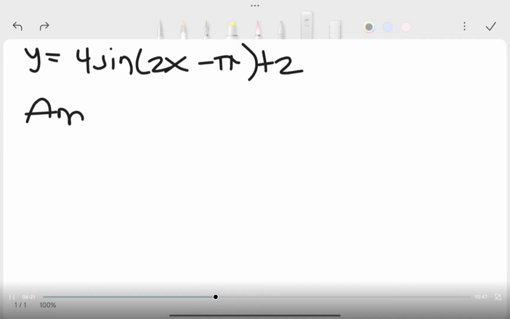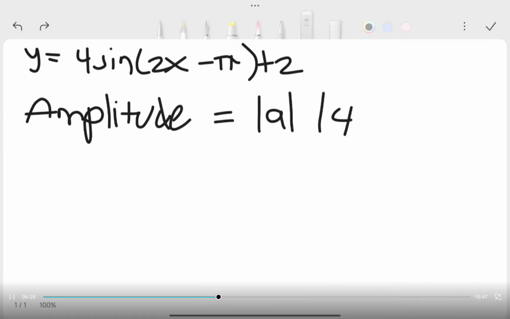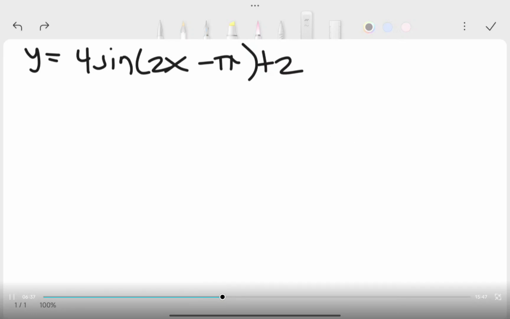Now our amplitude is the A, which is 4. So the graph goes 4 units above and 4 units below the midline.